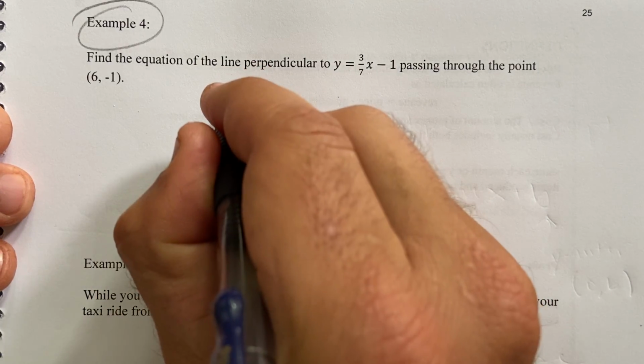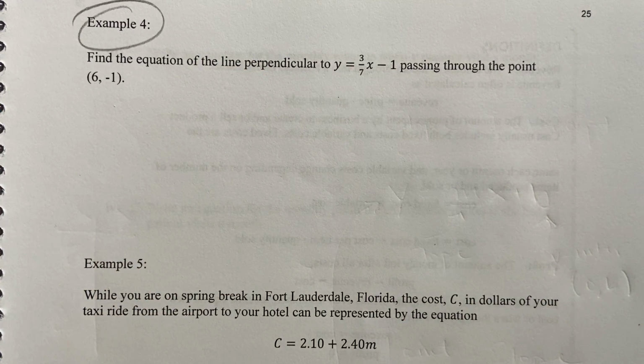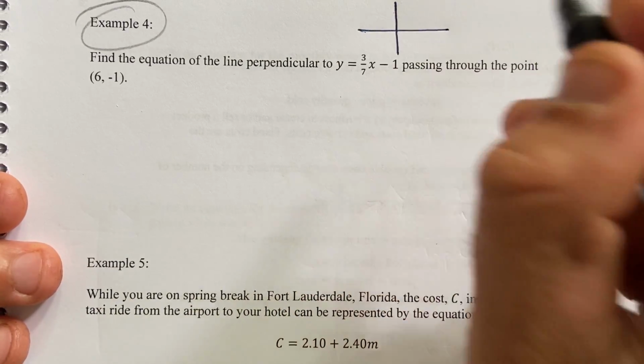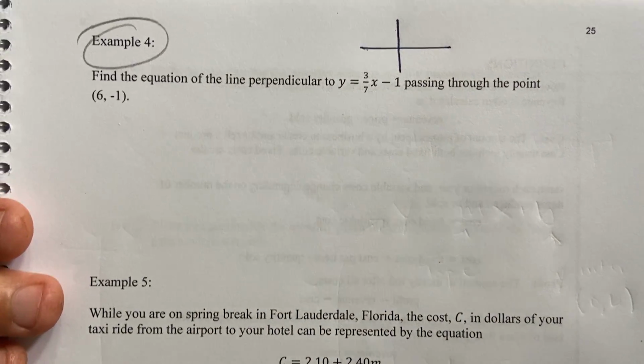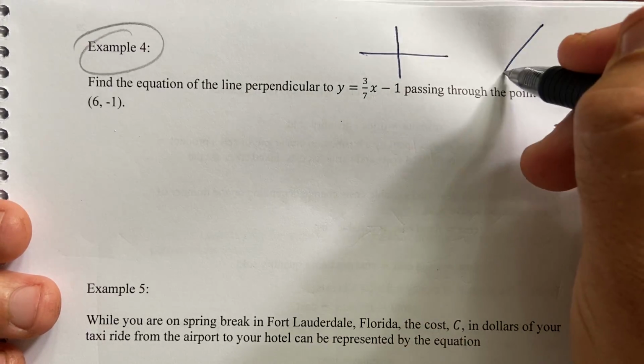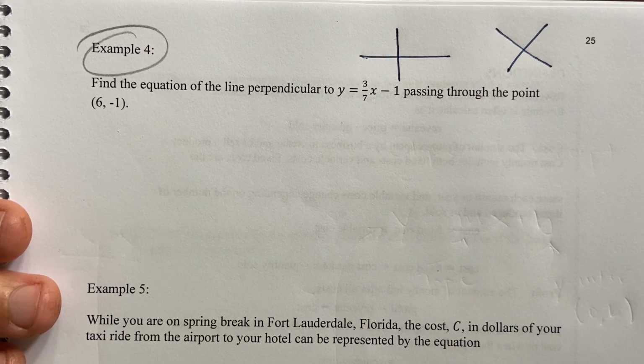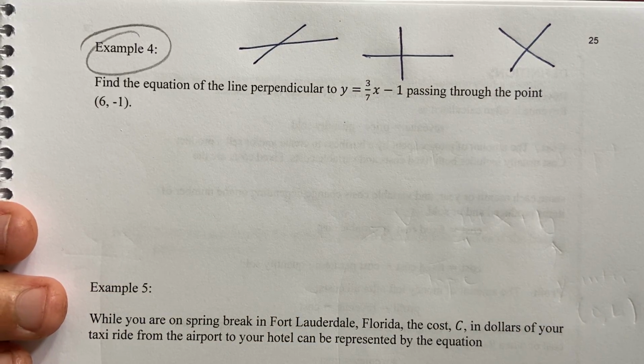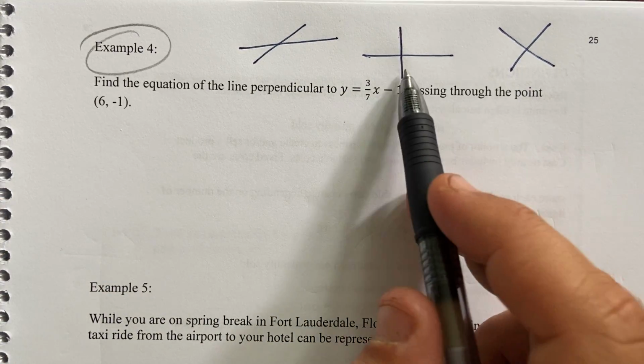So perpendicular basically means a right angle. So like these two lines are pretty close to perpendicular. These two lines are pretty close to perpendicular. These two lines are not. Right, so perpendicular is similar to these.